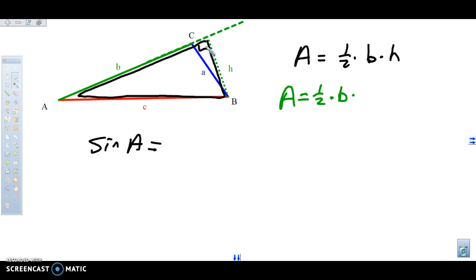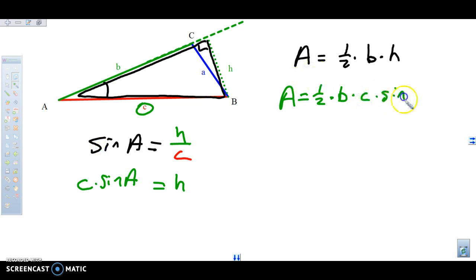The sine of this angle A is its opposite in that triangle, the green H, divided by the hypotenuse, which is C. Therefore, the height is equal to C times the sine of angle A. Replacing that up here, we get B times C times the sine of A.